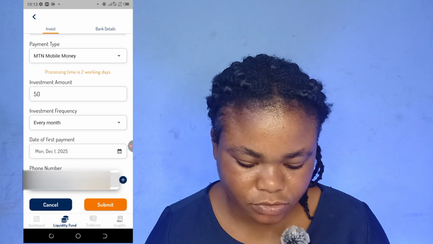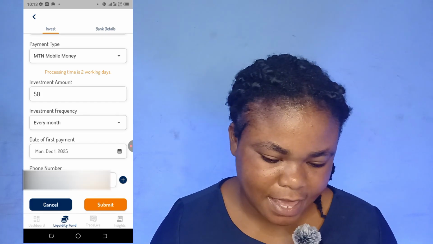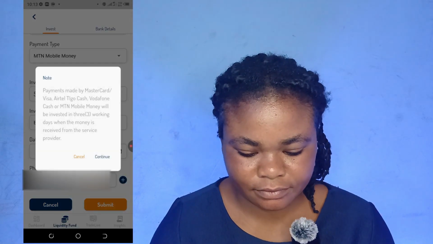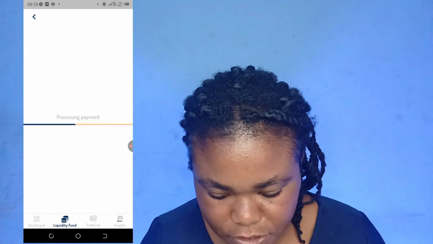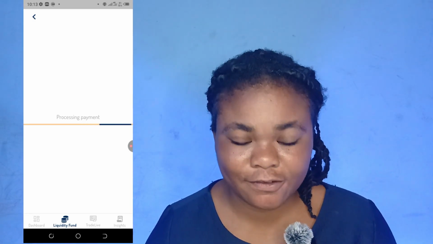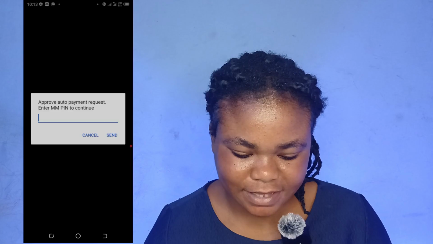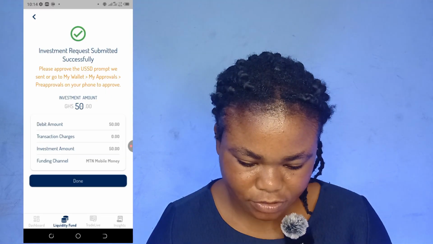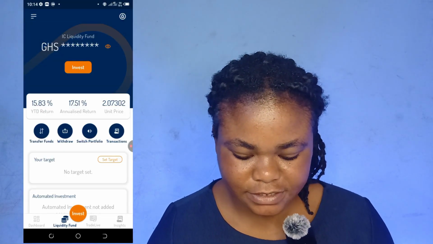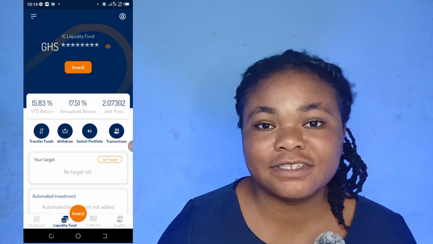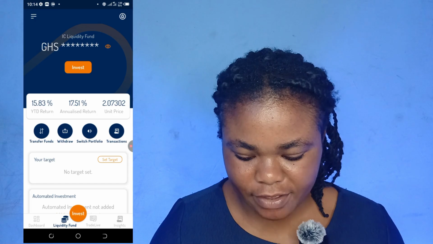Then you select your contact and click on submit. Then you click on continue, and you wait for a moment for it to load. After it appears like this, you click on done. So this is a simple and easy way to do it.